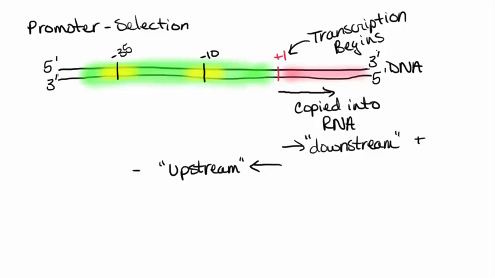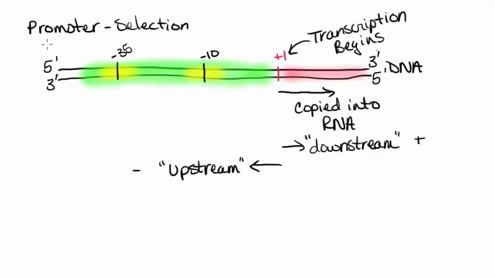There are specific sequences, orders of the nucleotide bases, that we find in that promoter region that will help the cell make that type of decision. There are certainly unique parts to promoters for certain genes, and then there are other things that are pretty consistent within promoter sequences. The two that I'm showing highlighted in yellow here are sequences that we find in most promoter sequences.